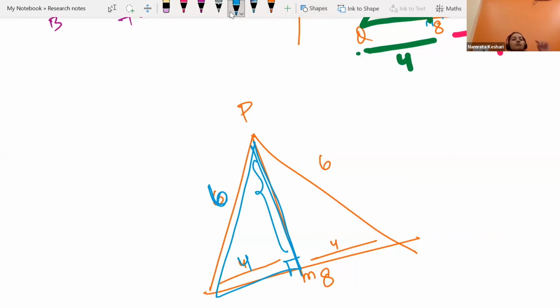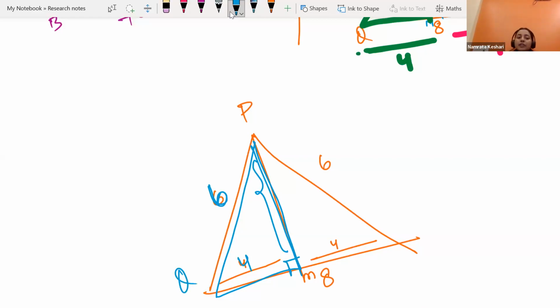We don't know. We have used the concept of congruency, and from there we are saying the perpendicular which we draw is dividing the side in two equal parts from congruency. Hence we ended up getting a right angle triangle. From there, by using Pythagoras theorem, we can find the height.